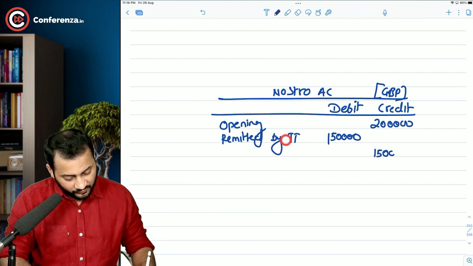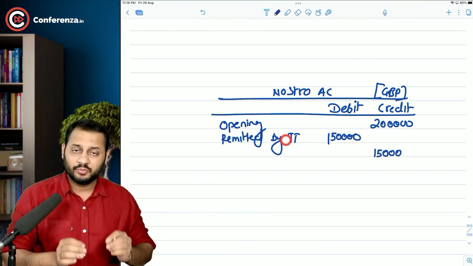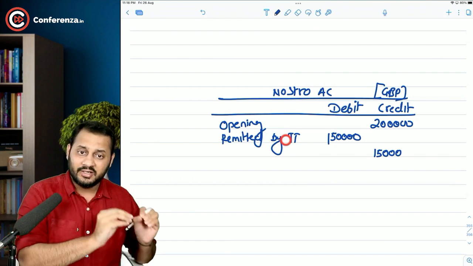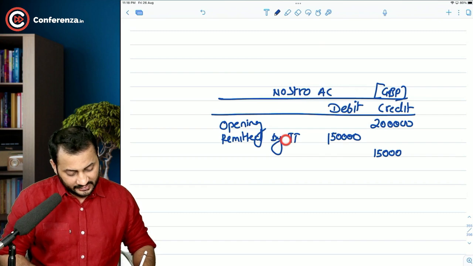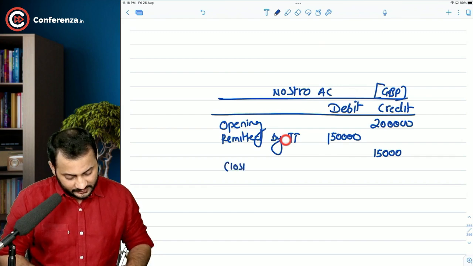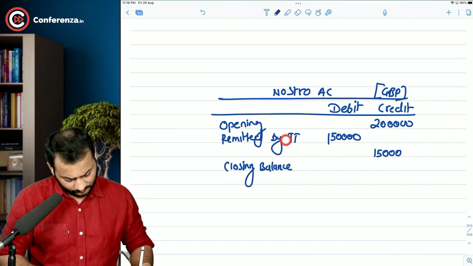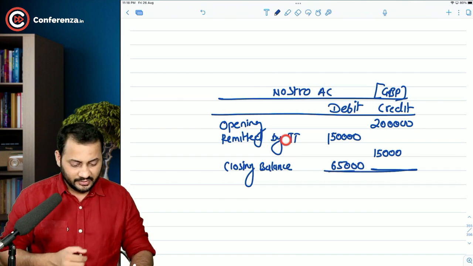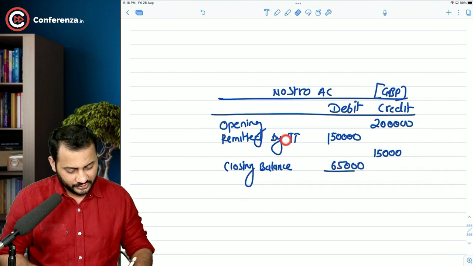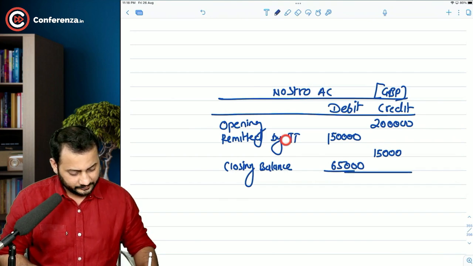Look at this. 15,000 is required to be credited in the Nostro account, and only then can we say the closing balance is 65,000 and then we can close it. The closing credit balance is written on the debit side just to tally both the sides.